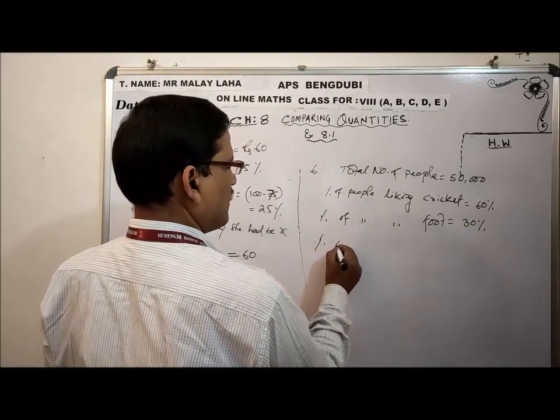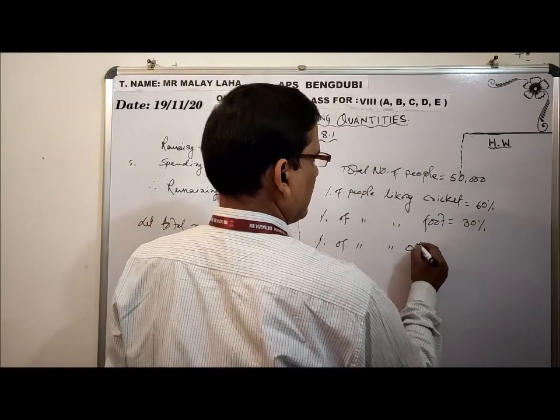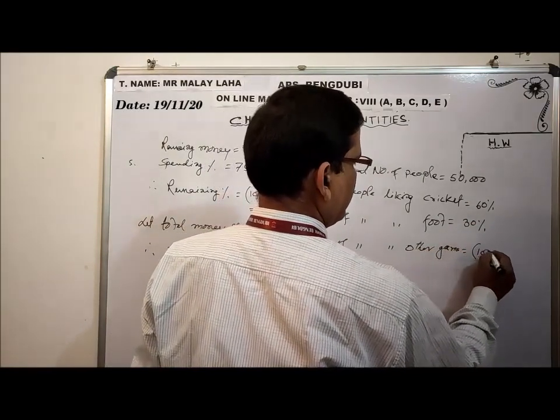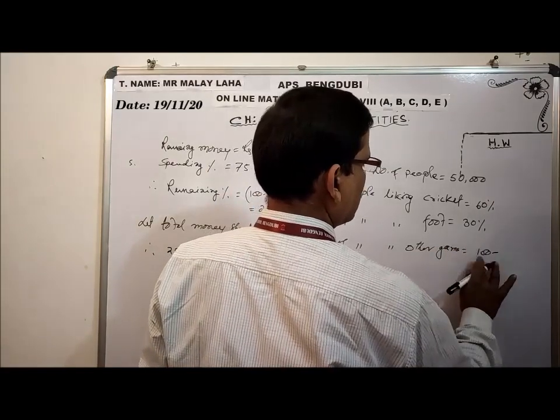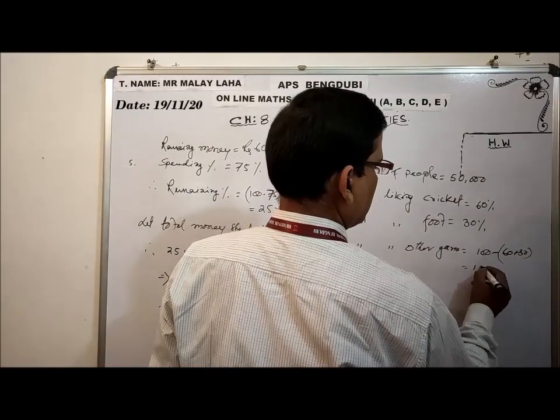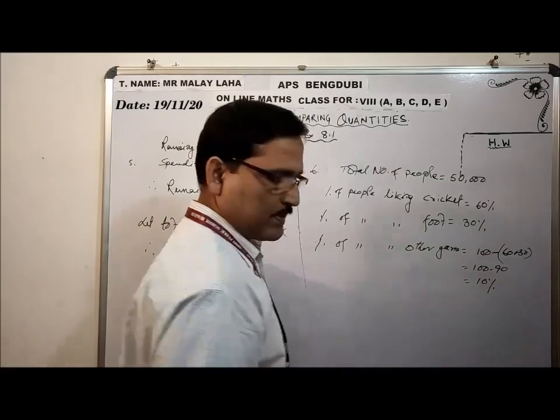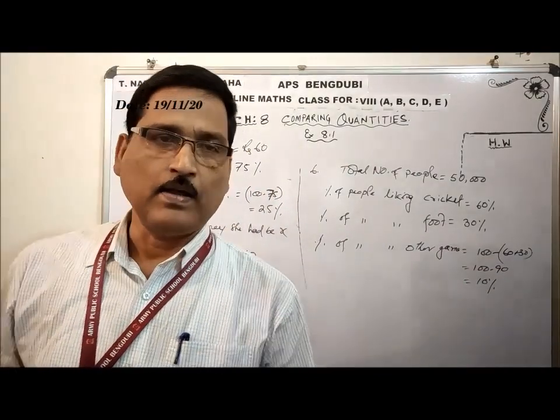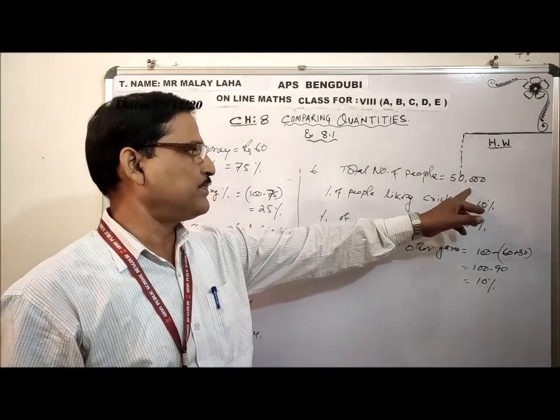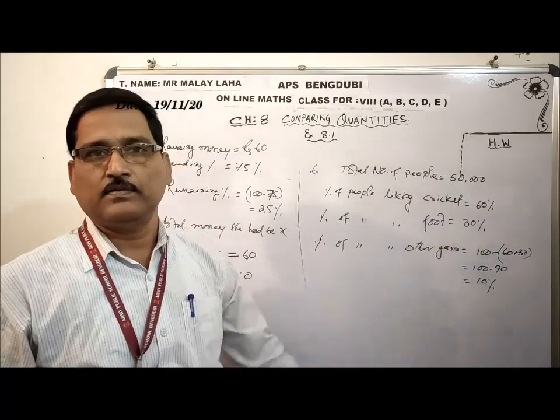Percentage of people liking other games: 100 minus (60 plus 30), that is 100 minus 90, 10%. 10% of people like other games. Now you have to find the value for each. 60% of 50 lakh, 30% of 50 lakh, 10% of 50 lakh. You will get it.